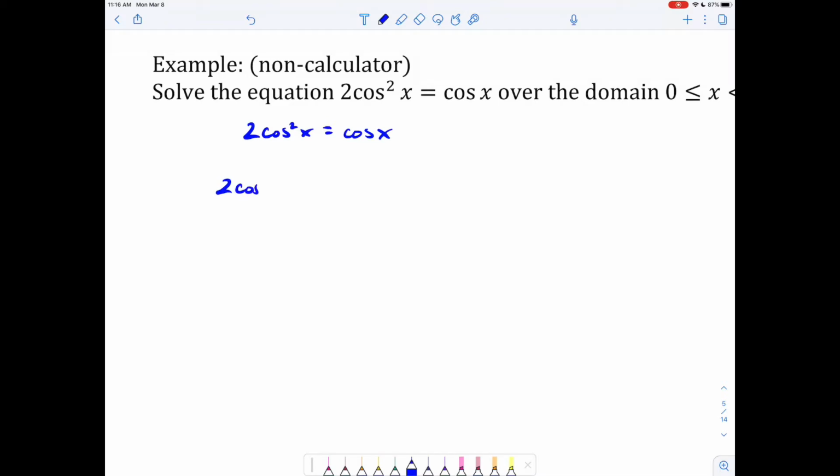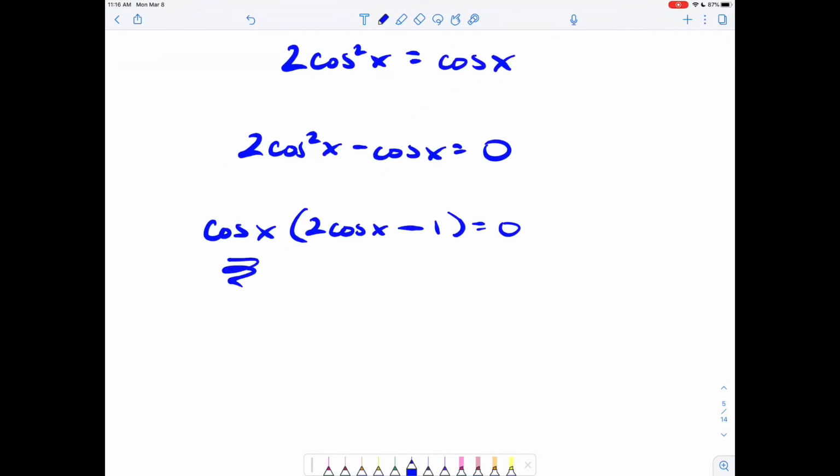I'll bring everything to the same side first, as I would in a quadratic equation. And from here, I will factor out cos of x. So I haven't divided by cos x. I've factored it out. It still exists.